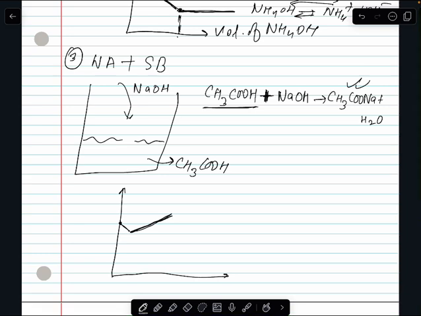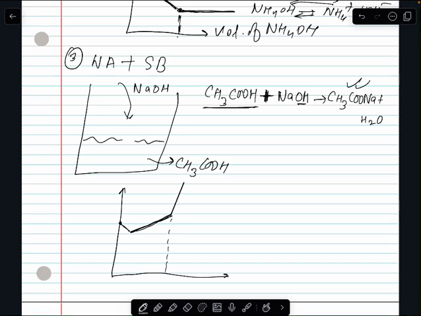Now as we keep on pouring in the NaOH, the CH3COONa will keep on forming and CH3COOH will be used up. At the end, when the equivalence point hits, all the CH3COOH will be converted to CH3COONa, and if I put in more NaOH, because of the high conductivity of OH minus ion, the conductivity of the solution will increase drastically.